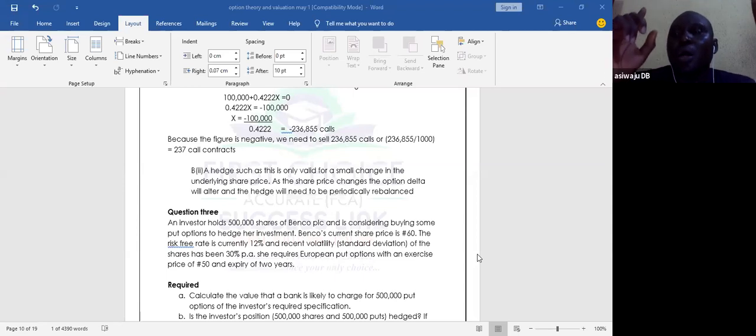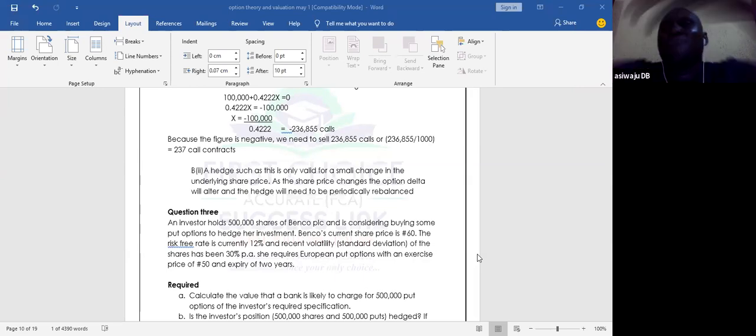Now, the point which you have to take tonight: option to abandon is treated as a put option contract. At times you might go into a capital project that on its own is not financially viable.